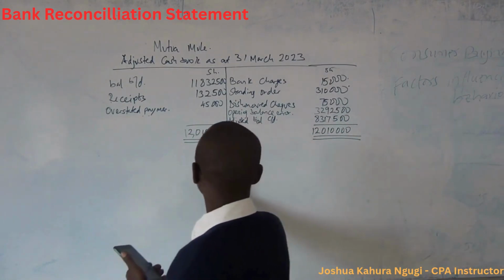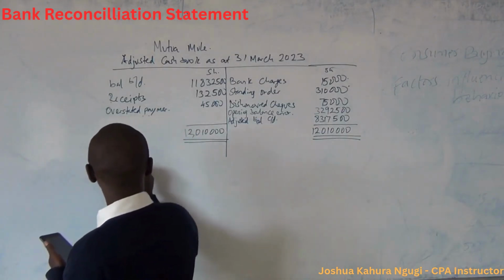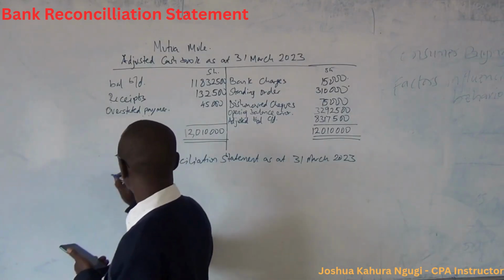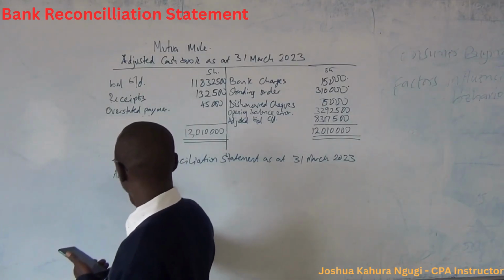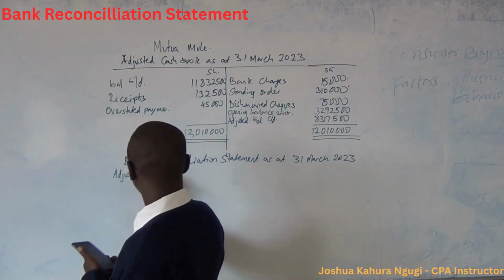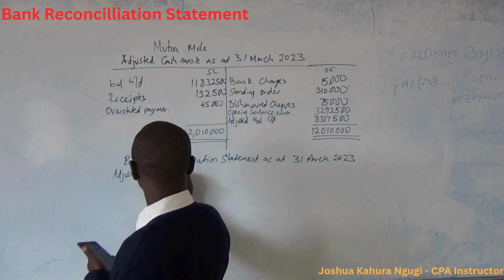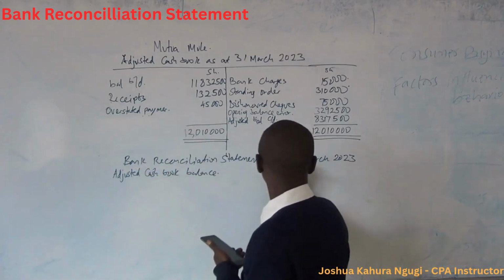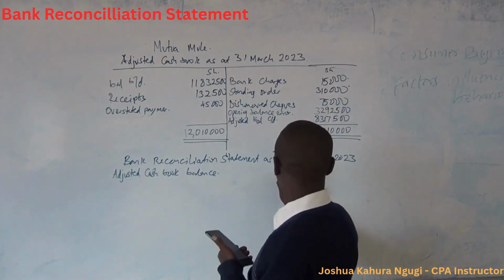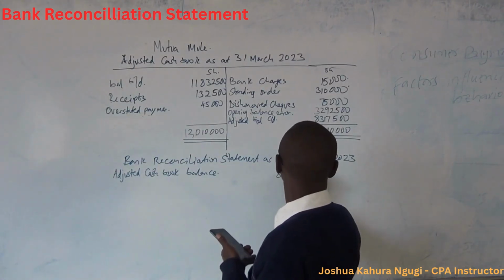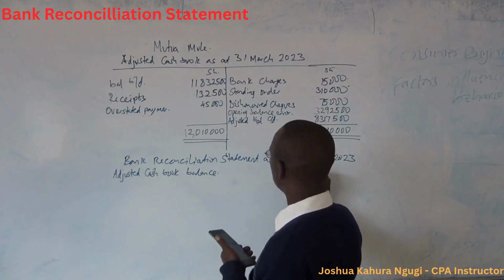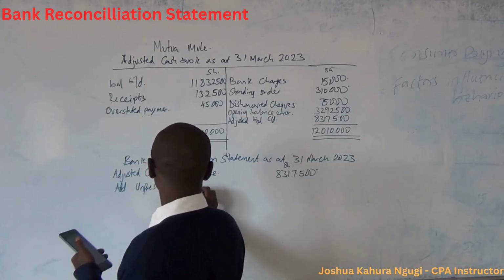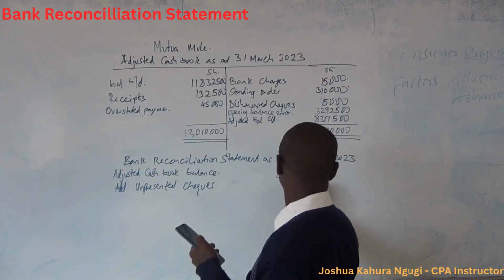So if now you come to part B, the bank adjusted cash book balance, shillings 8,317,500, presented, amounting to what? 112,500.